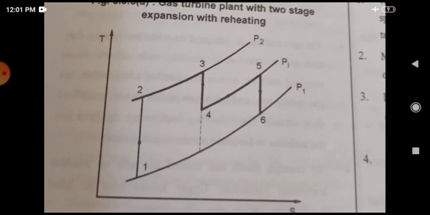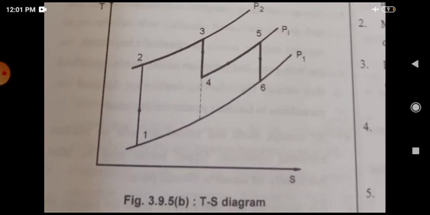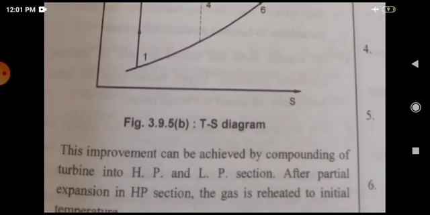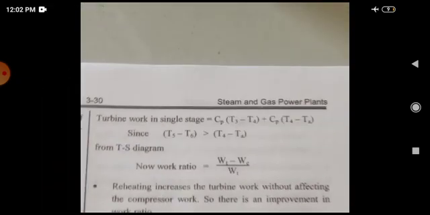So total power output is obtained. This improvement can be achieved by compounding of the turbine into high pressure and low pressure sections. After partial expansion in the high pressure section, the gas is reheated to the initial temperature.